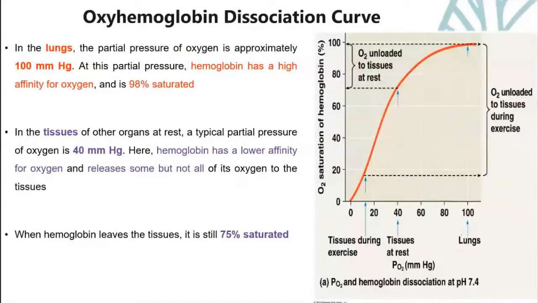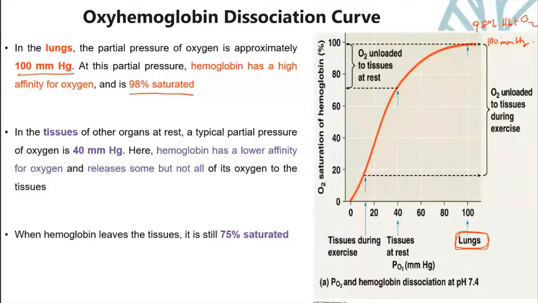In the lungs, the partial pressure of oxygen is approximately 100 millimeter mercury. At this partial pressure, hemoglobin has a higher affinity for oxygen and it is 98% saturated. 98% of the hemoglobin is saturated with oxygen to form oxyhemoglobin. So that is in the lung.